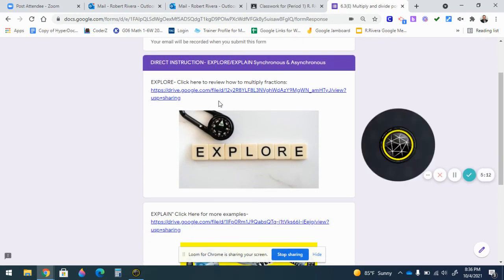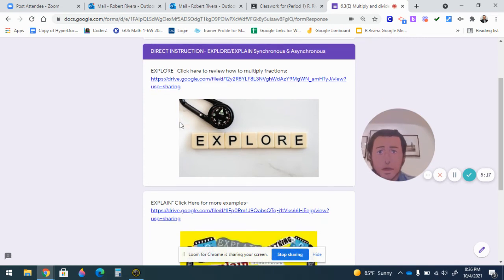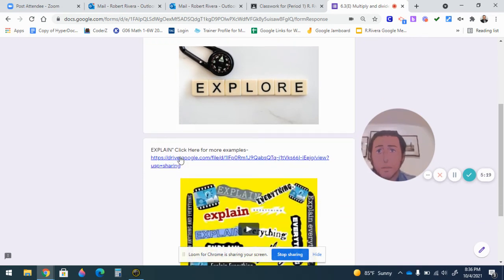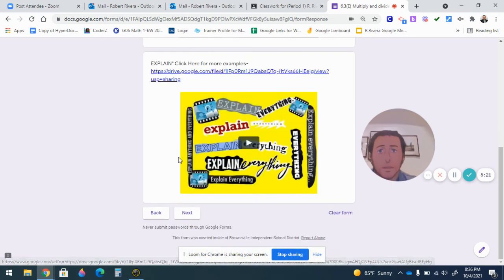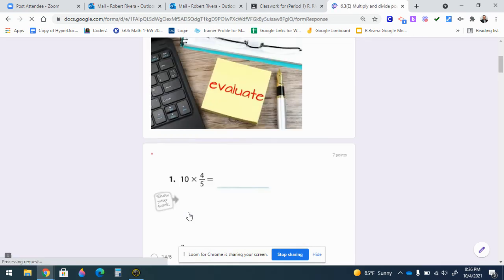Second, there's a video review on how to multiply fractions. That's me again going over it, and there are some examples on how to do this. I would watch the examples and the videos to make sure that I understand what I'm doing. Once you're ready, then you start the test.